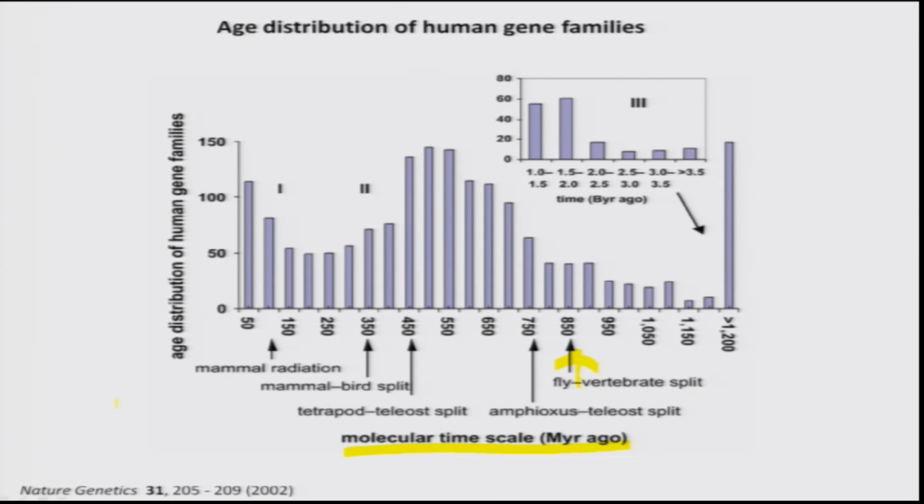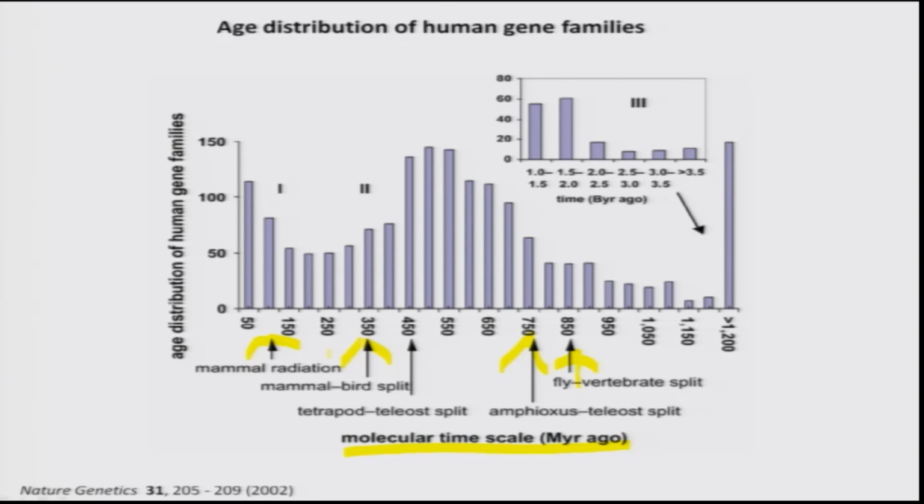This is where the fly and vertebrate split and diversified, and then this is where the vertebrates started coming onto the land, and this is where the birds and mammals evolved, and mammalian radiation took place, meaning they really flourished. A large number of species evolved and they sort of conquered the earth, that is what happened.